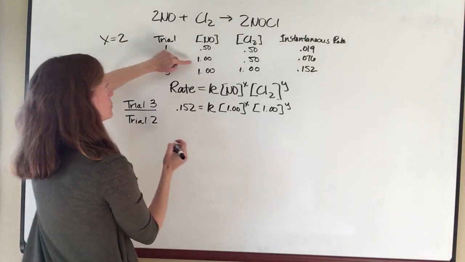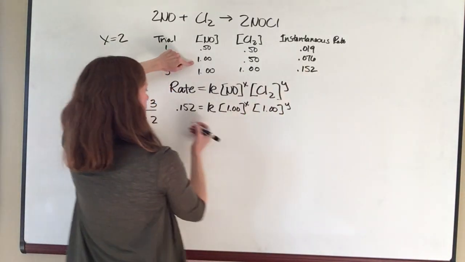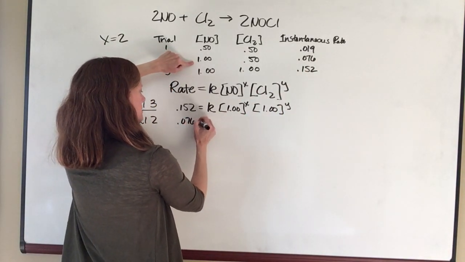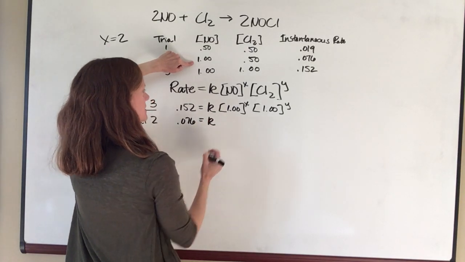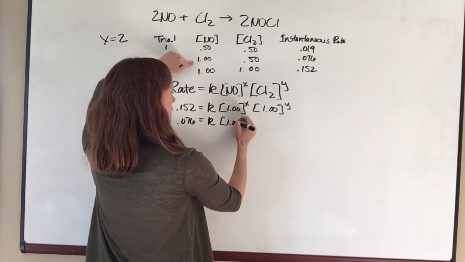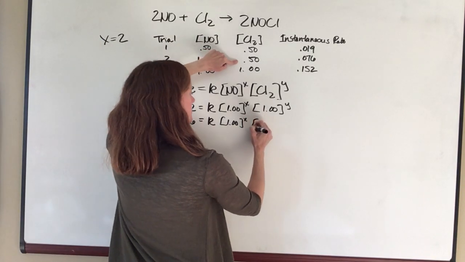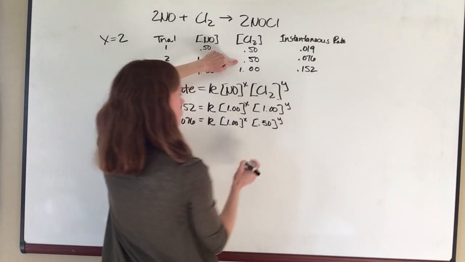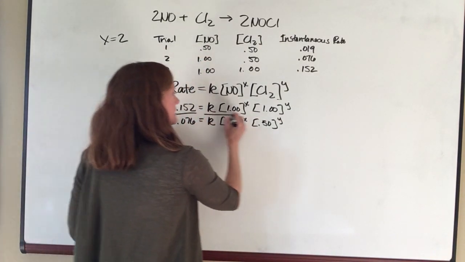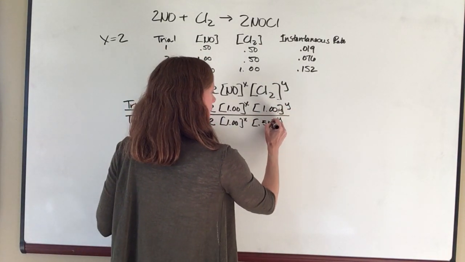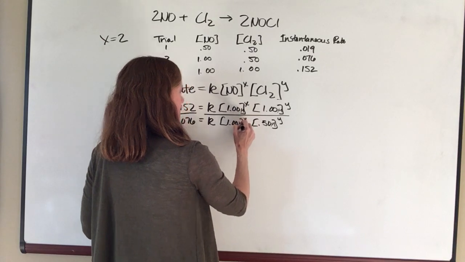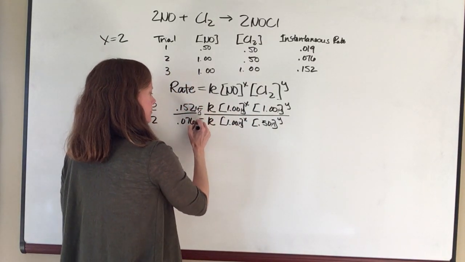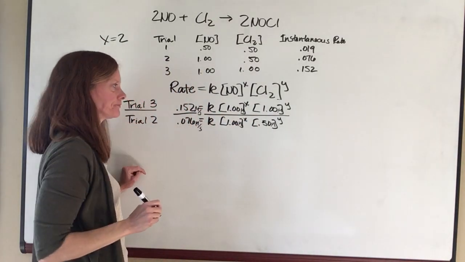Trial 2 has a rate of 0.076. Rate constant is K. This is 1.00 to the x, and this is going to be 0.50 to the y. So I can do the same thing that I did before, and once again I forgot my units. At least I'm consistent, right? So this is molarity per second.